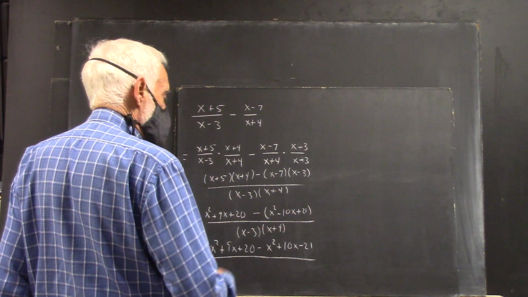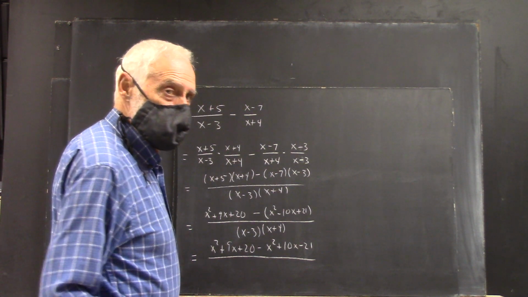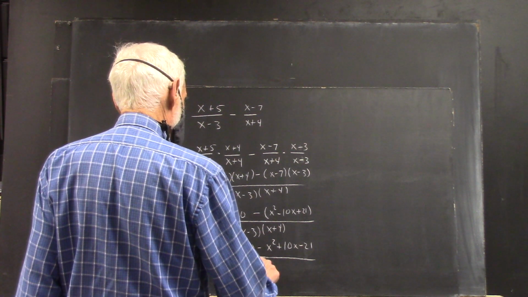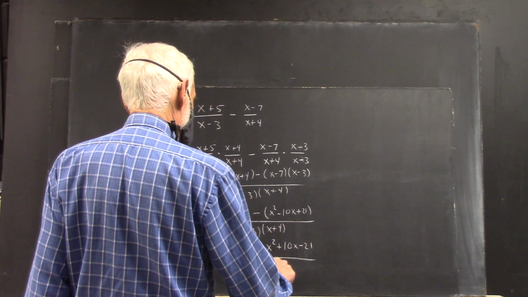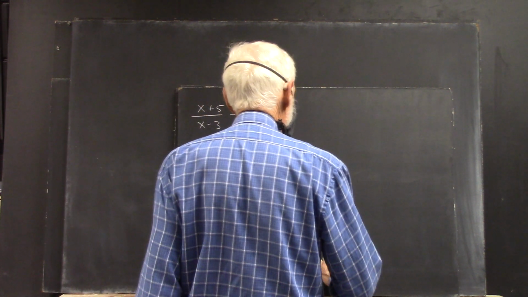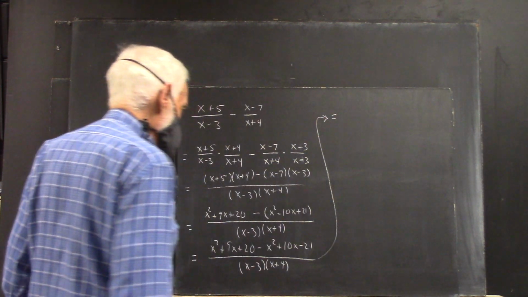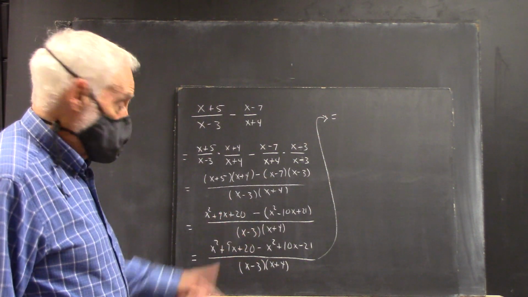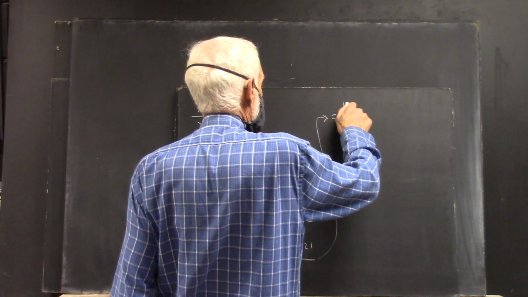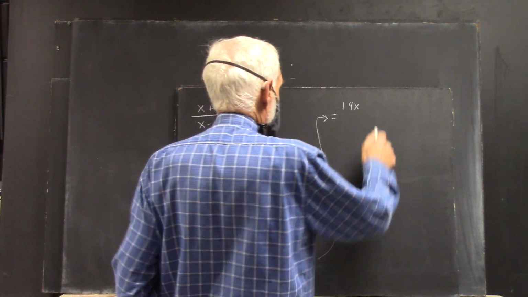If you try to do it all in your head, you've got a 60% chance of messing one of the signs up, okay? Depending on how careful you are. I know I'd have a good chance of doing it. Okay? And now x squared minus x squared is 0. 9x plus 10x is 19x. 20 and minus 21 is negative 1.